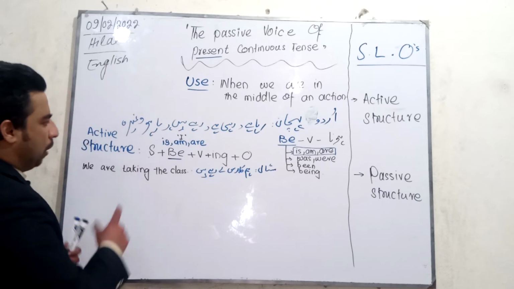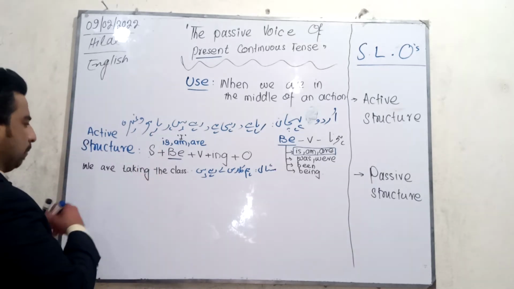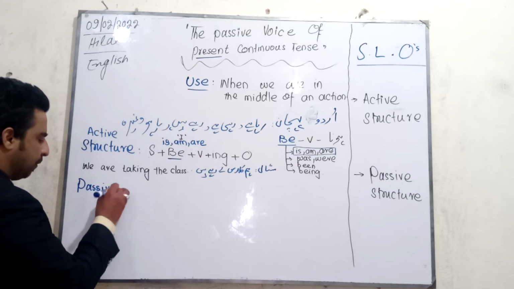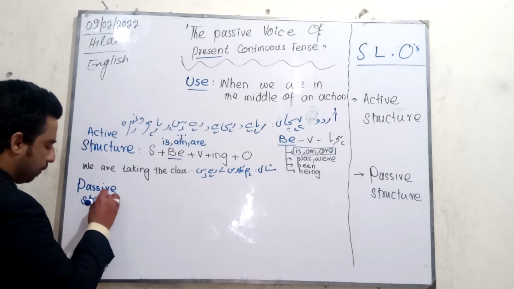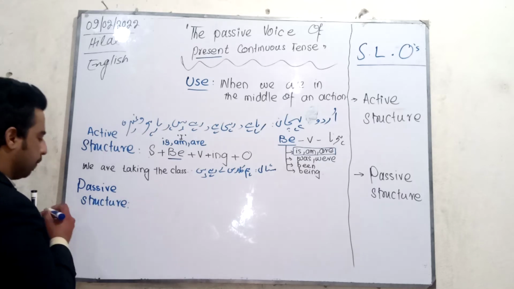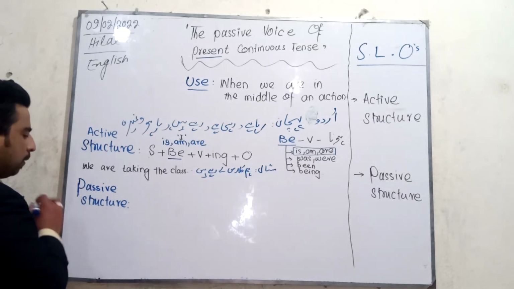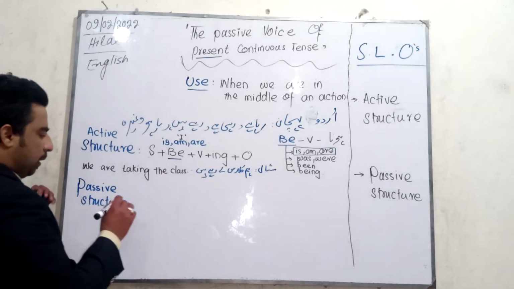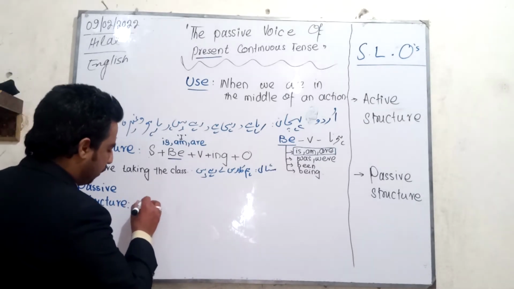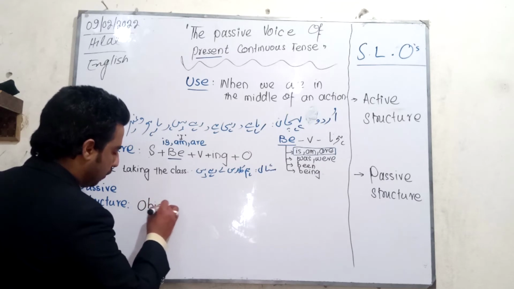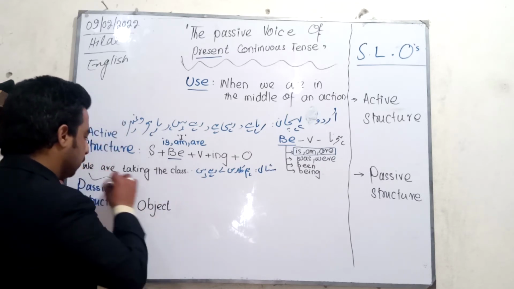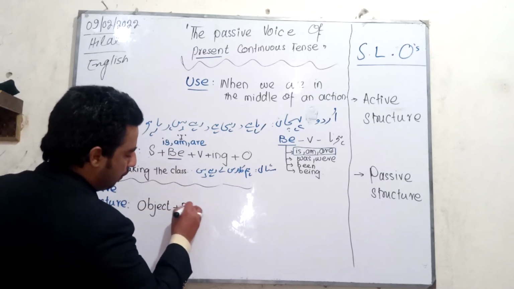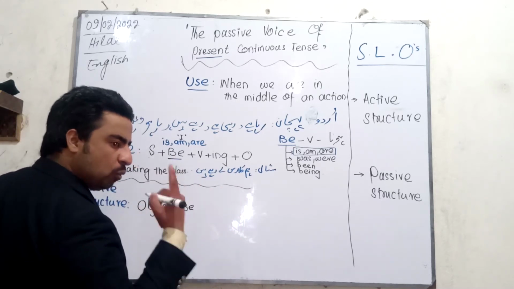Okay, now I would just go toward the passive structure. It's quite easy. Like first of all I will have to bring the object, the same, then I will have to bring be, plus I will include just one thing.